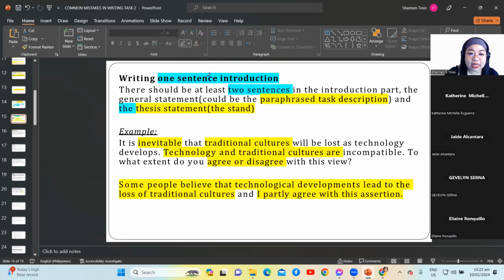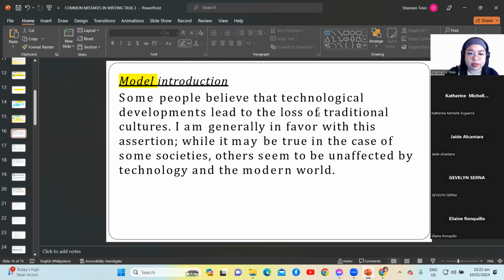Andito pa rin tayo ha. I am generally in favor with this assertion, while it may be true in the case of some societies, others seem to be unaffected by technology in the modern world. True to life.